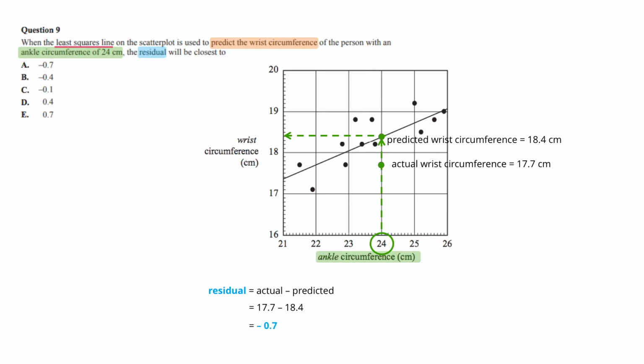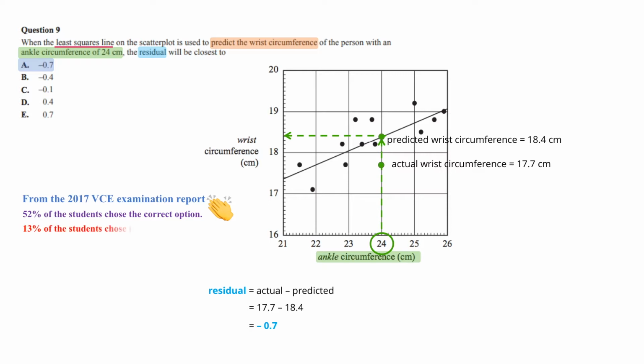So the answer we are after is option A. From the 2017 VCAA examination report, 52% of the students chose the correct option, with 13% of students choosing the incorrect option B and another 13% choosing the incorrect option D.